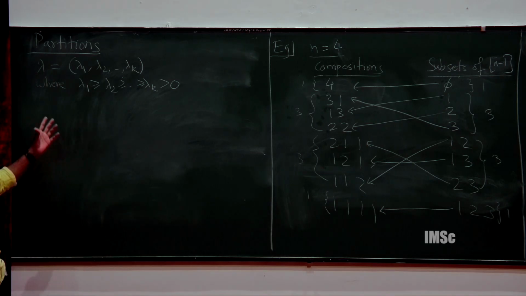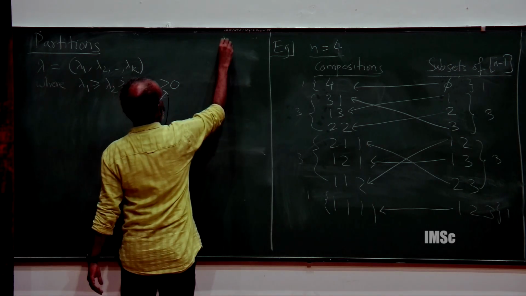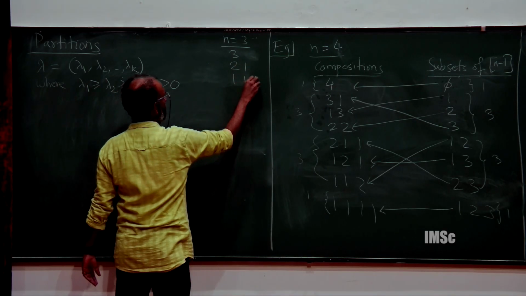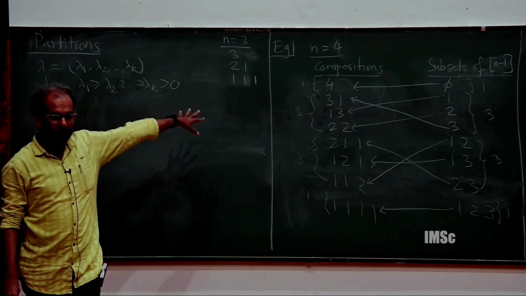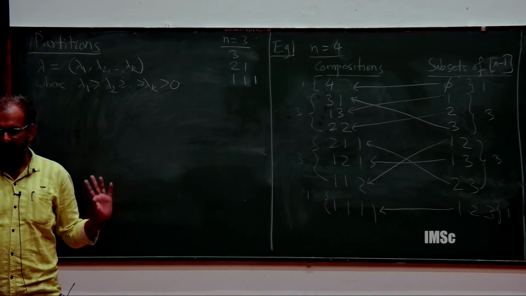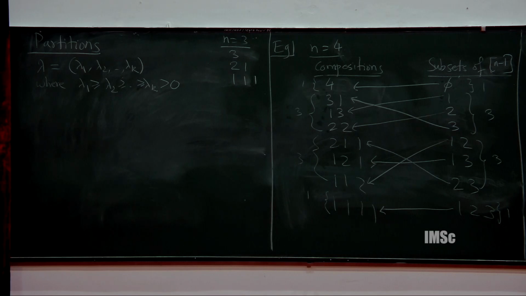So all of these are positive parts. So remember, for n equals 3, we have the partitions 3, 2 1 and 1, 1, 1. We wrote them down earlier, remember? So I will again not write parentheses, commas, all that. So please understand, this is not 21 and 111 or anything. It's 1, comma 1, comma 1.